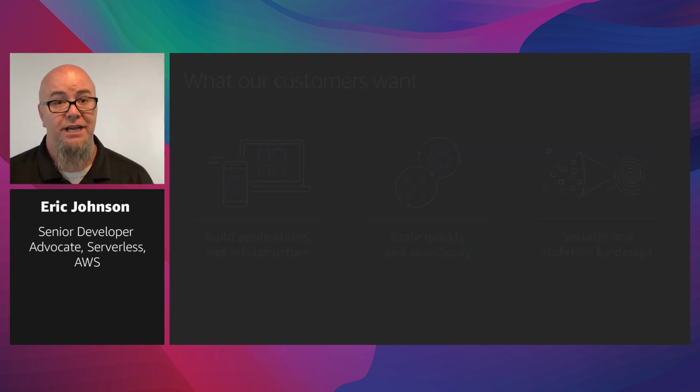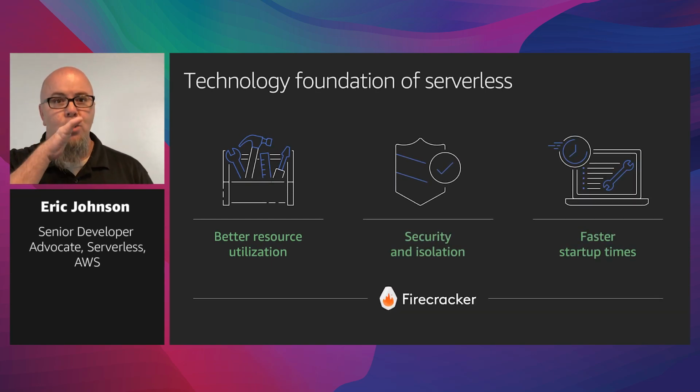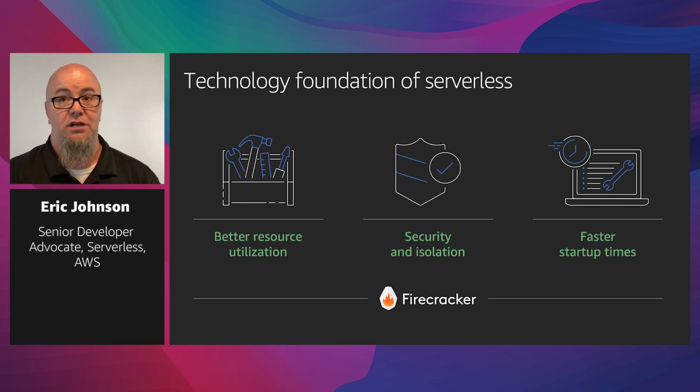So one of the things we did, and this was about a year and a half ago at re:Invent 2018, we released something called Firecracker. And this is one of the places where we had key innovations for security and isolation, right? Firecracker is an open source virtualization technology that is purpose built for creating and managing secure, multi-tenant, isolated function-based services.